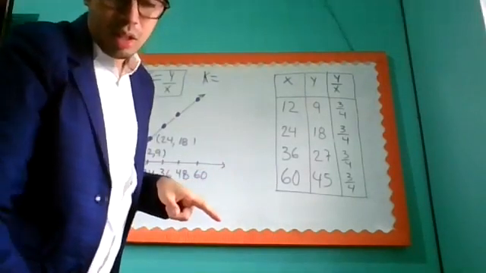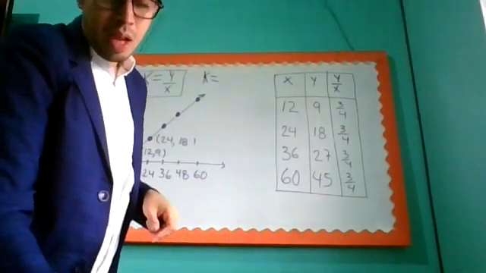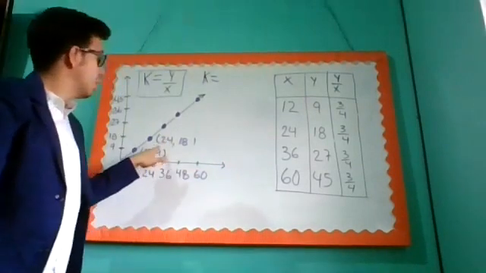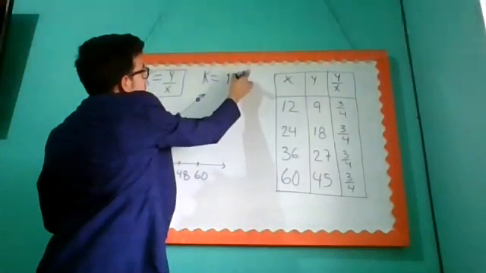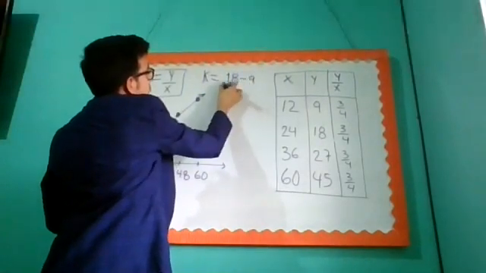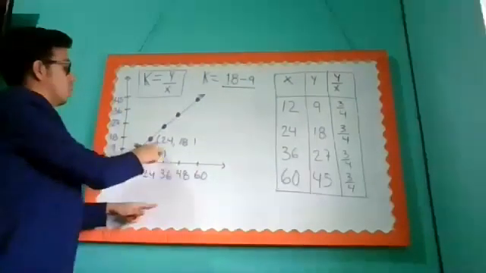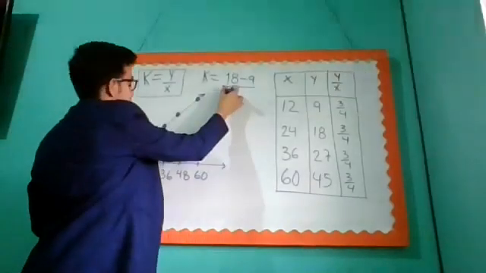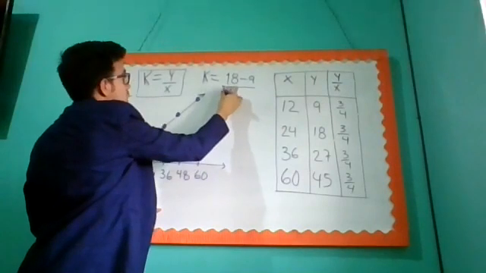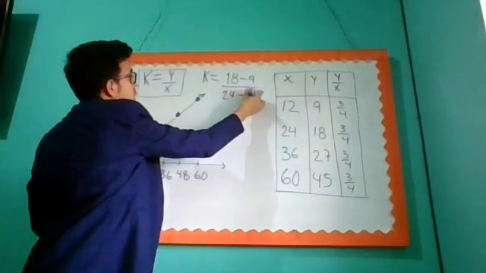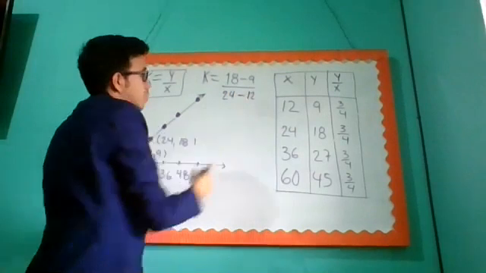And later we subtract the values of the x. 18 minus 9 over the values of the x, 24 minus 12.